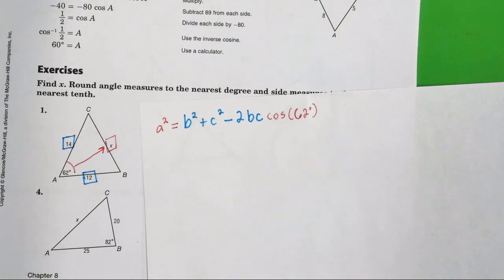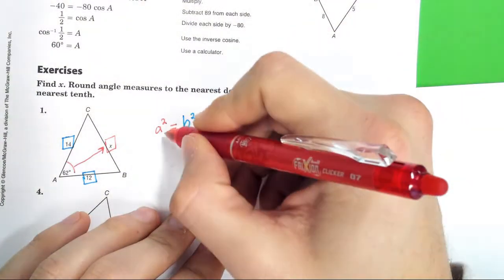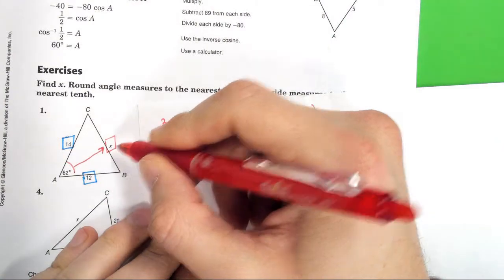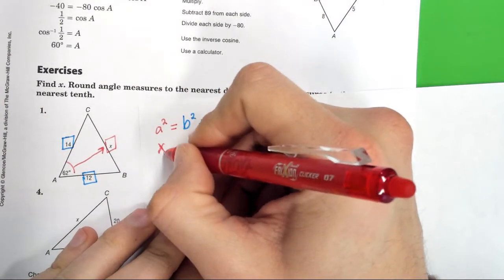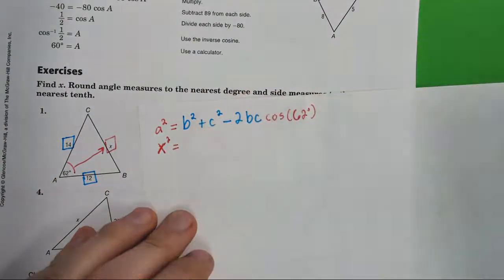So, now I'm going to plug and chug some of our numbers in. A squared is going to be represented by x, or the A will be represented by x, so I'll make it x squared.